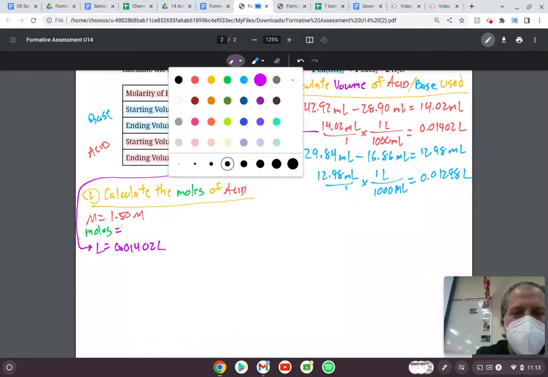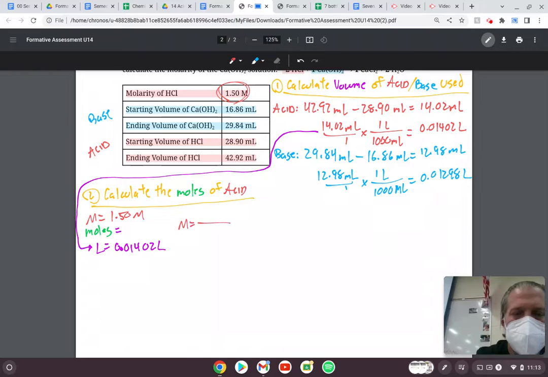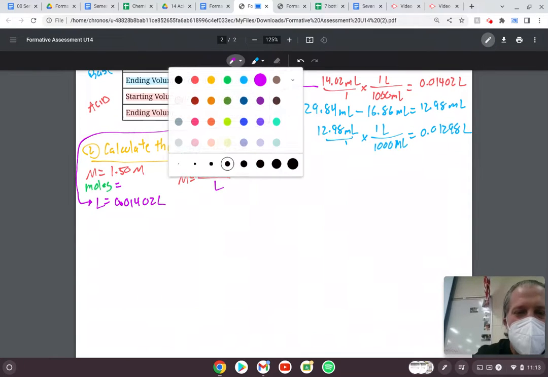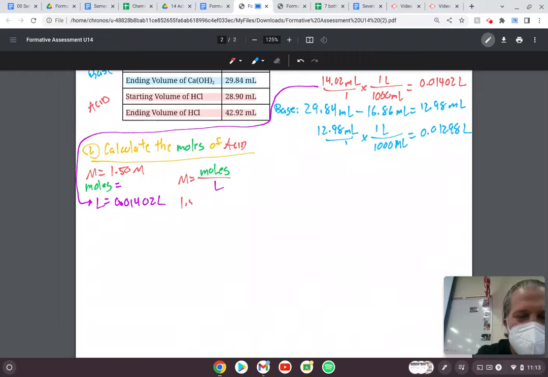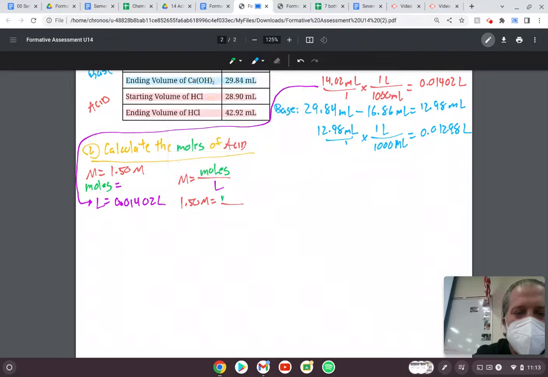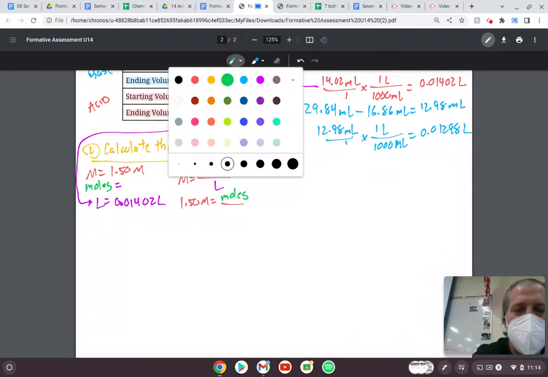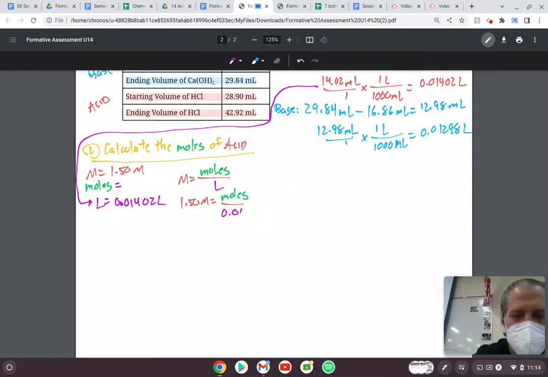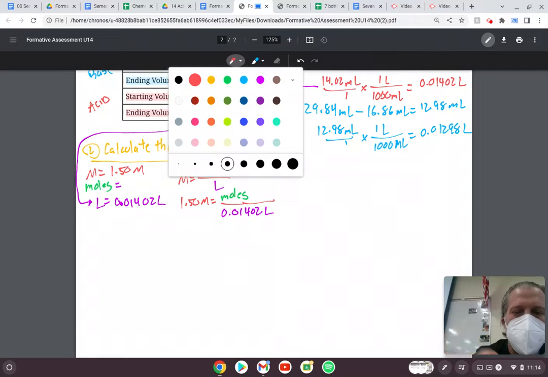When I plug this into my formula, which again is moles over liters, I have the 1.50 molar is equal to moles over the 0.01402 liters. Just like we did a little earlier, we're going to multiply both sides by the volume.